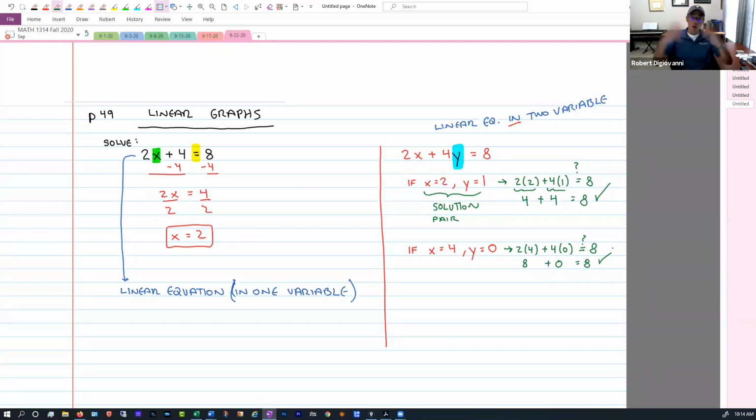Does this mean that all pairs of numbers work? No. Let me try something else. What about if x is 2 and y is 2? If we try that, we get 2 times 2 plus 4 times 2, and the question is, is that 8? In this case, it's 4 plus 8, and that is not 8. So that doesn't work. So this would not be a solution.